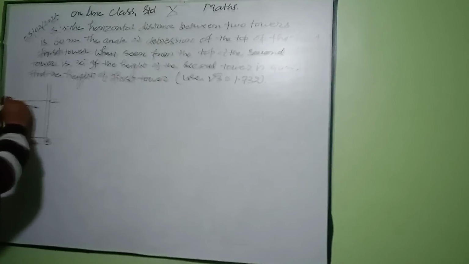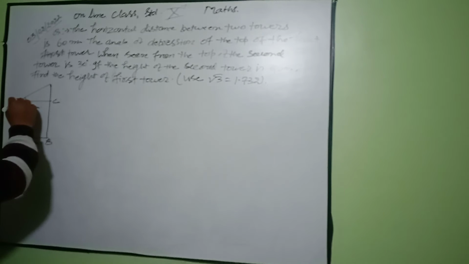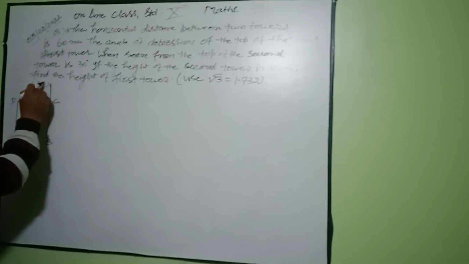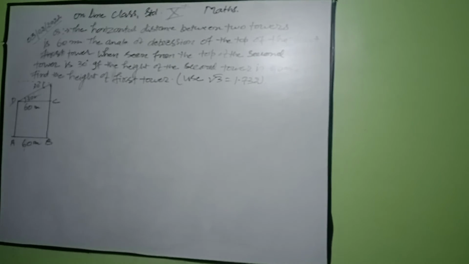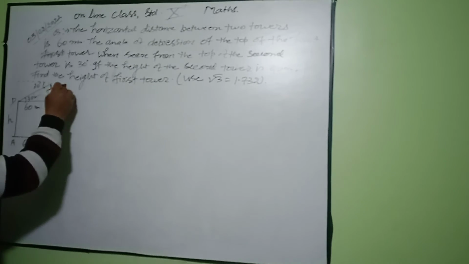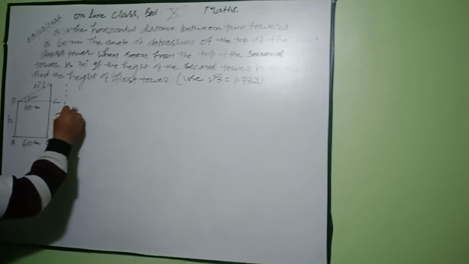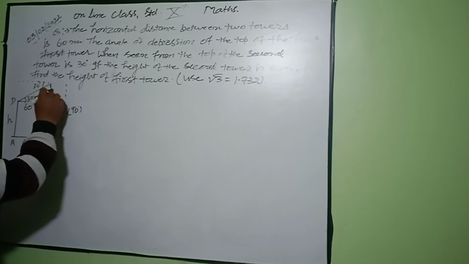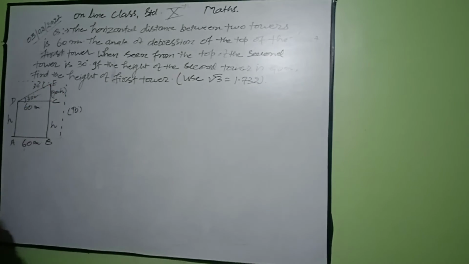Now from this point angle of depression is 30 degree. Then this will be 30 degree. So by alternate interior angle it becomes also a 30 degree. Suppose this height is h and total height is 90 meters. So this height will be 90 minus h.